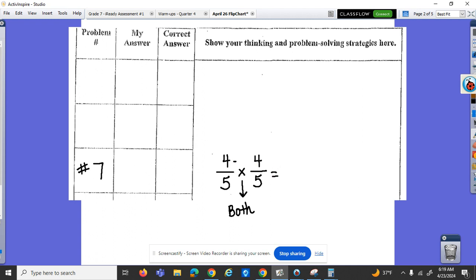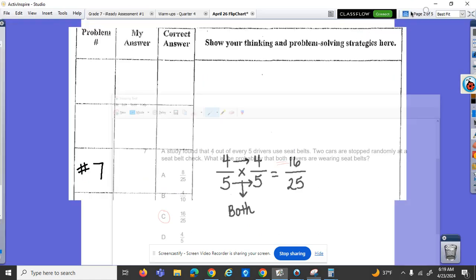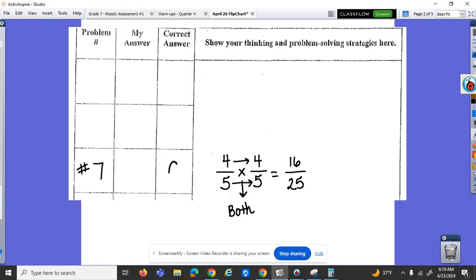Okay, we're going to go straight across and multiply. So that would be 16 over 25. And if you take a look, that was our answer. That was C. So if you got C, great. If you did not, hopefully it makes more sense now.